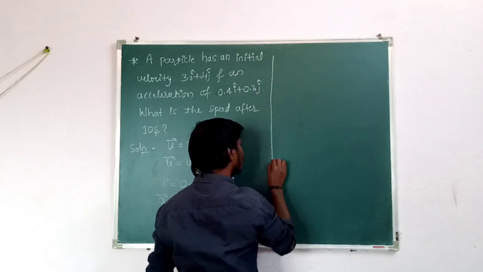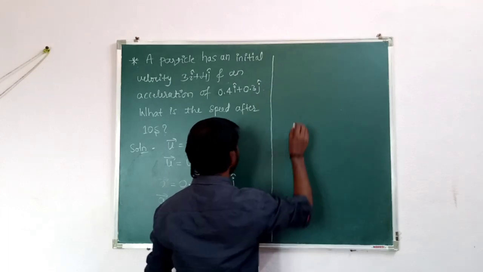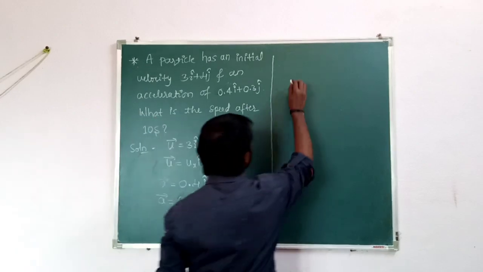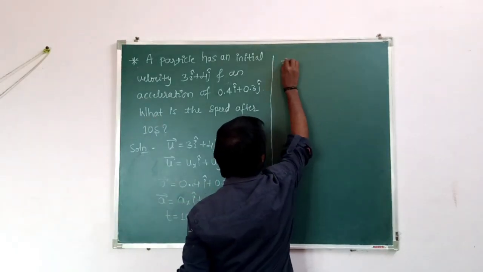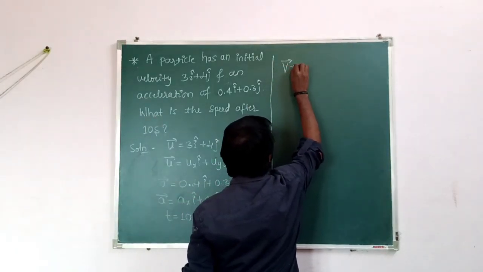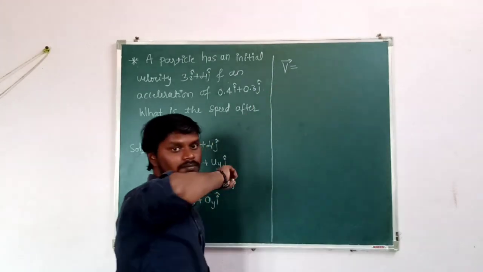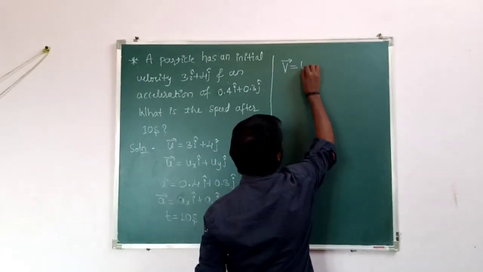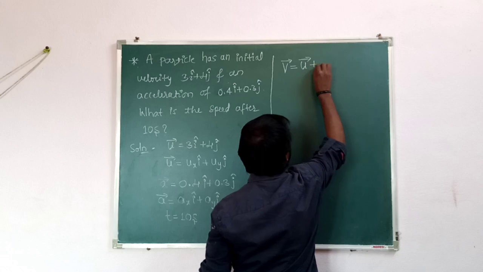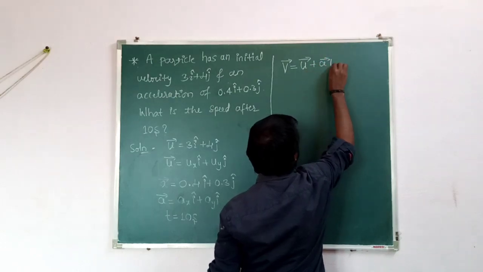Okay, see here, by using first kinematic equation. First kinematic equation, what is that? It is the final velocity is equal to initial velocity plus acceleration vector into time.